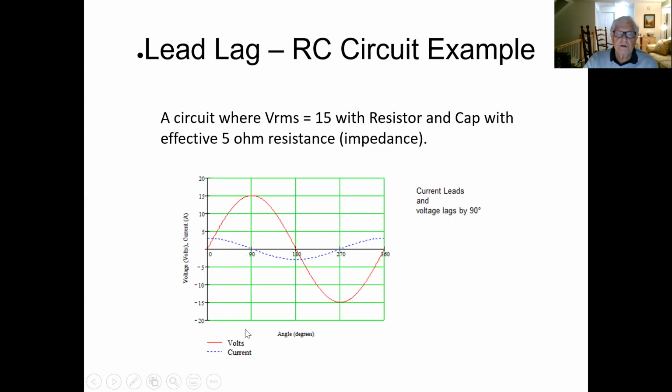And why is it 90 degrees? Well, you can see the current goes to 0 at 90 degrees, and at 90 degrees the voltage is built up to its maximum. And again, you see the same thing happening at 270.